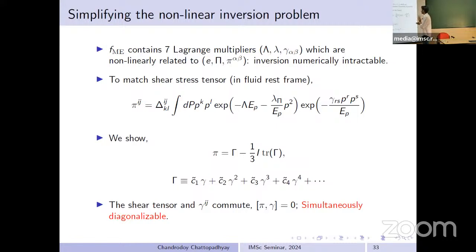What we can do is go to the local rest frame of the fluid where the shear stress tensor becomes purely spatial, and our goal is to match these Lagrange multipliers in terms of the shear stress tensor components. What we showed is that in the local rest frame, one can think of pi as a 3x3 matrix. It can be written as a series in gamma, where gamma is the matrix of Lagrange multipliers. Because it can be written as a series, one can show that the shear stress tensor and this Lagrange multiplier matrix commute, so they are simultaneously diagonalizable.